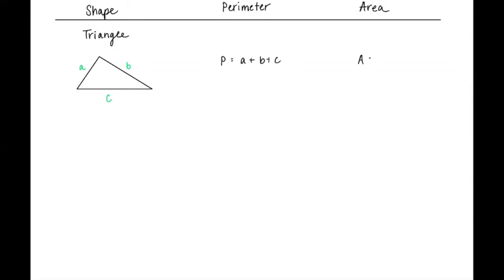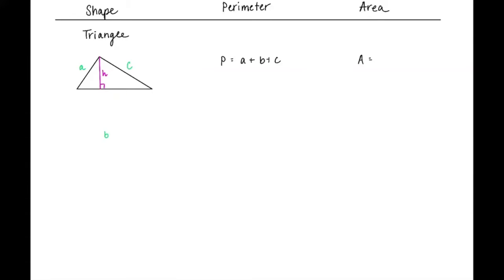The area, on the other hand, needs something different. And so what you need is a straight line that drops down to one of the other sides. And this gives you a height. So I'm going to reorder where these are just to make our formula match what's in the book.